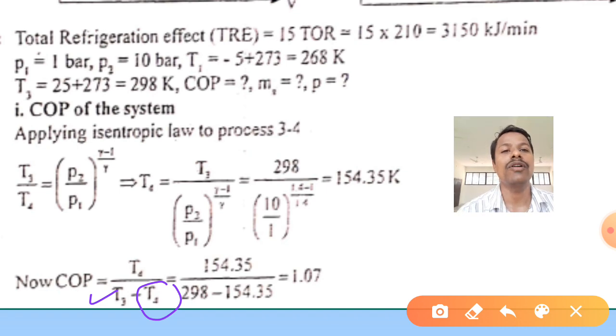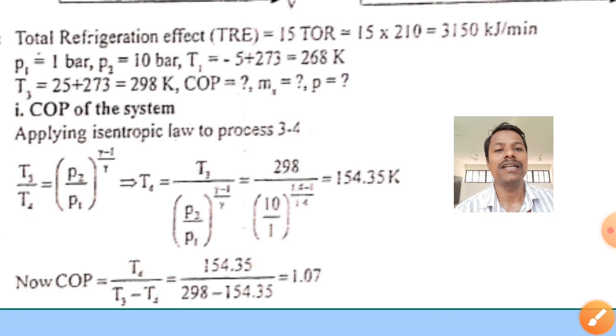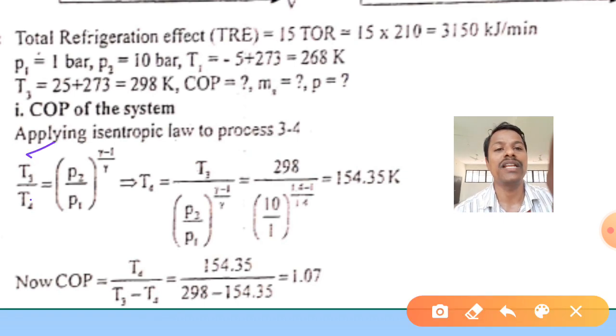So to find T4, as usual, as in the previous problem we have understood, we apply the isentropic law between 3 and 4, that is T3 upon T4 is equal to (P3 upon P4) raised to the power (gamma minus 1) by gamma.